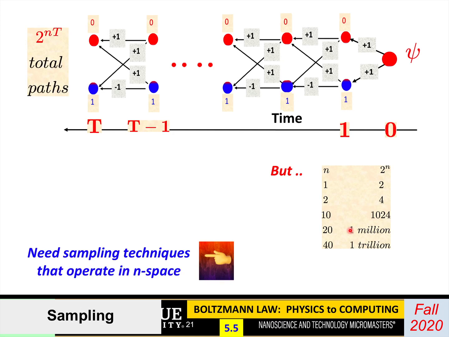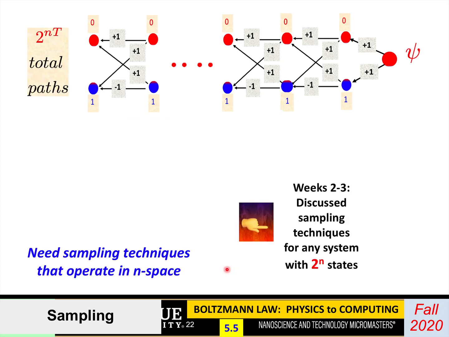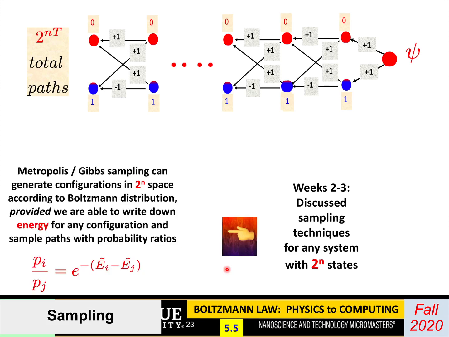So what do you do? Well, for practical problems, you usually use sampling techniques. And how do you sample them? Well, in weeks 2 and 3, we discussed these sampling techniques: how you can operate in this n space and generate samples in the 2 to the n space. Two sampling methods we talked about: Gibbs sampling, and we also mentioned the Metropolis algorithm. The idea is that you generate configurations one after the other, configurations in this 2 to the n space, and given a configuration, the way you choose the next one is based on the energy of these two possibilities.